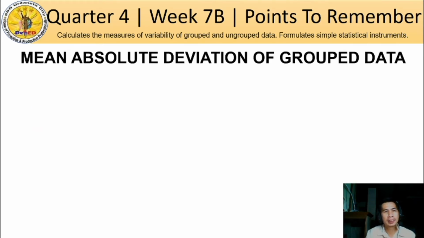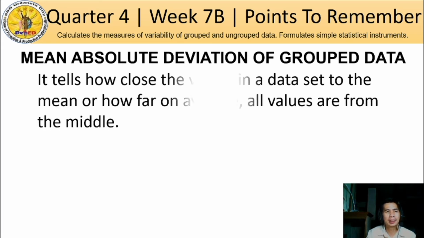The next is mean absolute deviation of group data. Mean absolute deviation, which is the MAD. It tells how close the values in a data set are to the mean or how far on average all values are from the middle. So, galing daw siya sa gitna. Gaano kalayo siya dun sa mean or dun sa mga average natin.